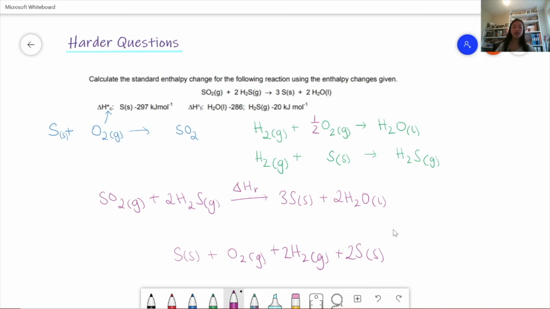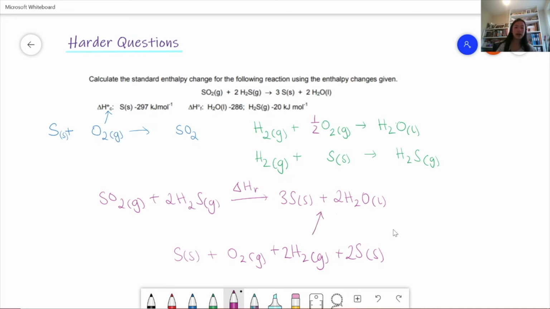So we've got 1 sulfur here and 2 sulfurs here. So the enthalpy of formation of this sulfur is 0 because we already have the same thing here. And then we have oxygen and water, and this will form the 2 waters here because this is the equation for the enthalpy of formation, but we've got double that amount, so it all works out.